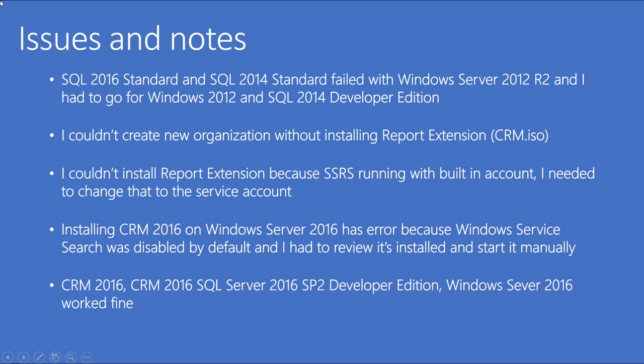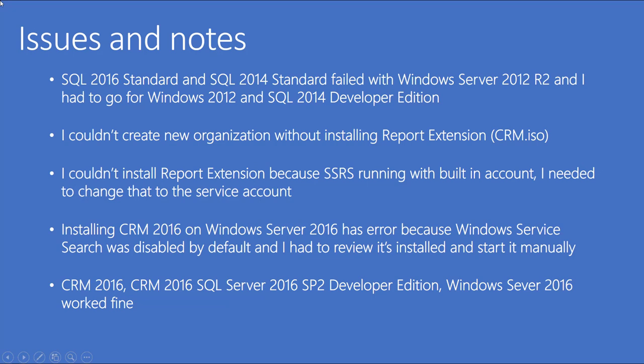Also, I created another machine on Azure, which is the same CRM 2016 upgraded to CRM Dynamics 365, and this was on Windows Server 2016. The main reason behind that is when I tried to install Visual Studio 2017 on Windows Server 2012, I found that it is not supported anymore.